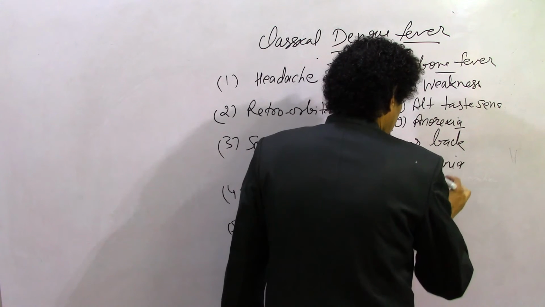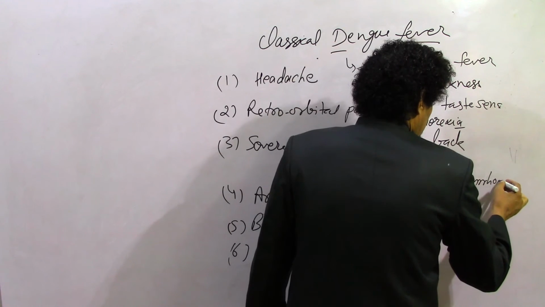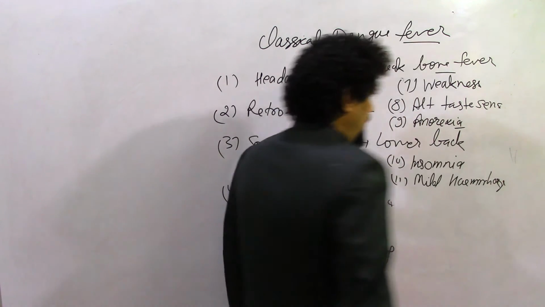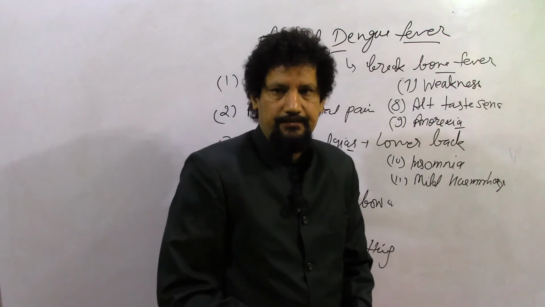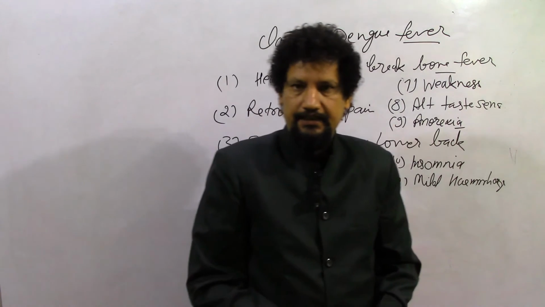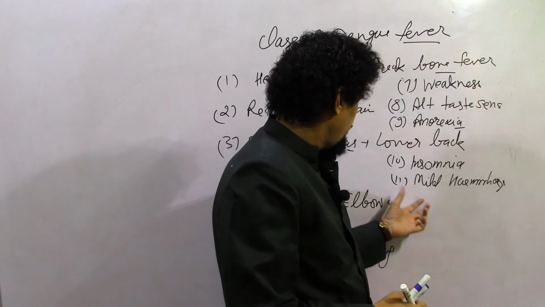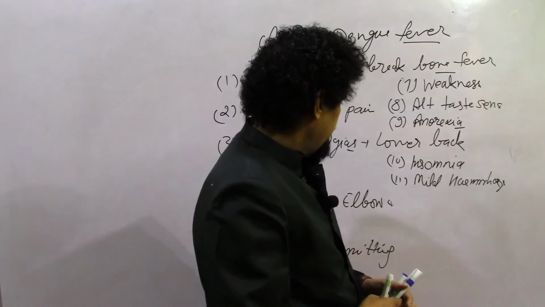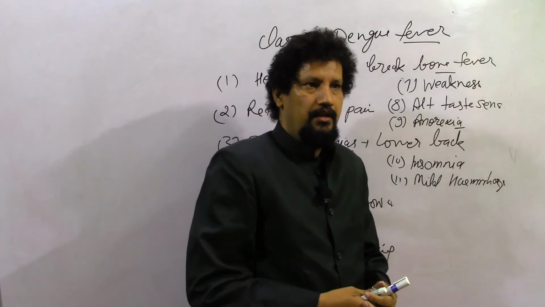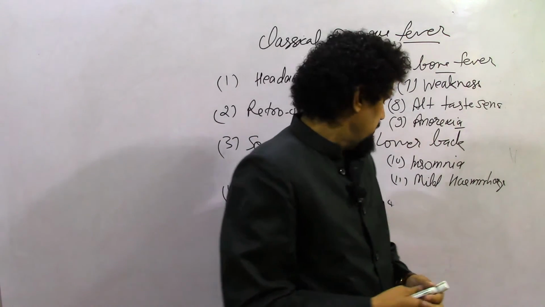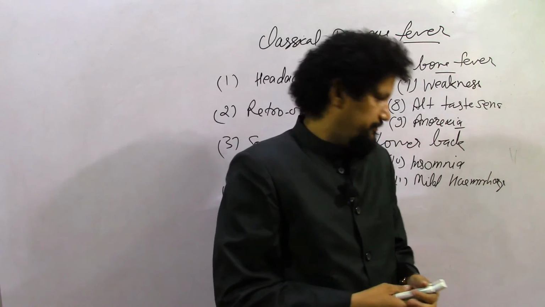mild hemorrhage, it is seen in form of epistaxis, hematuria, menorrhagia, that is excessive blood loss in menstruation, and there may be GIT bleeding, or it may be subcutaneous hemorrhage in form of patches.